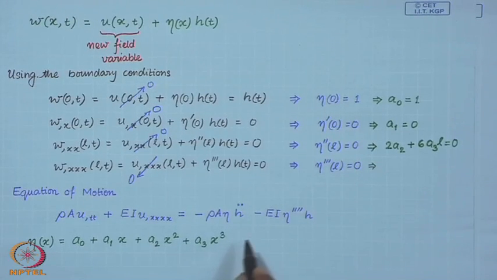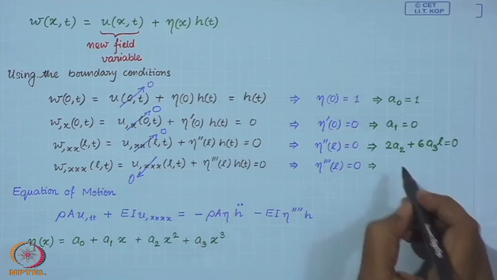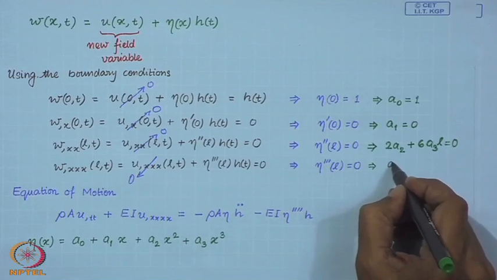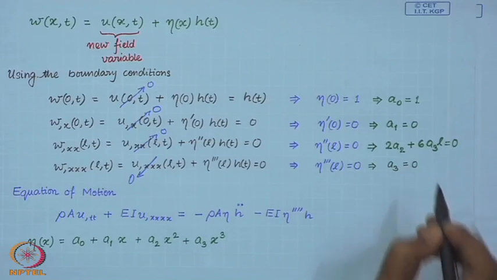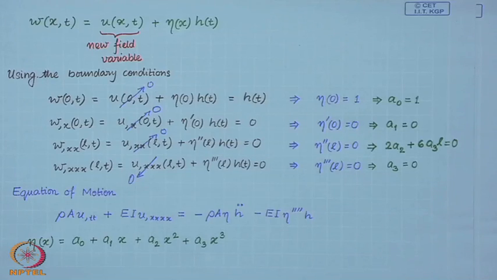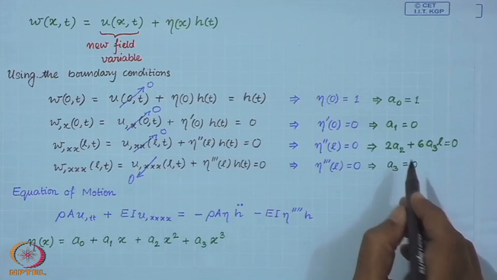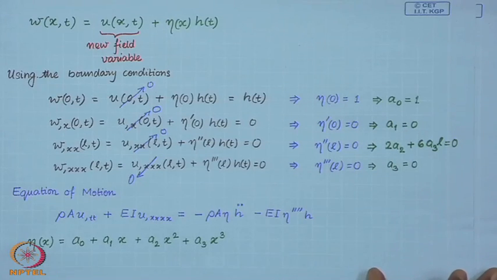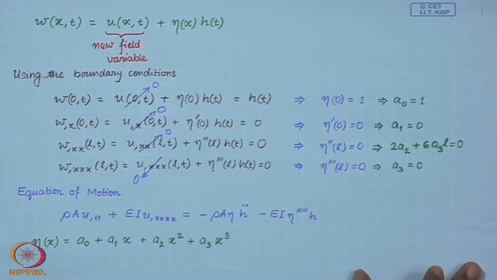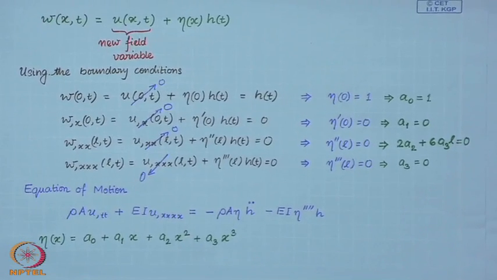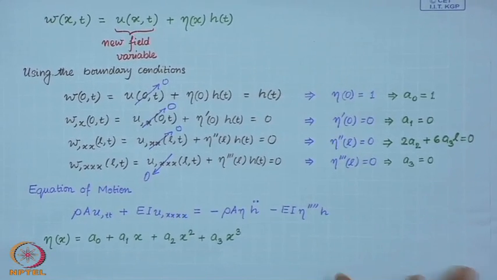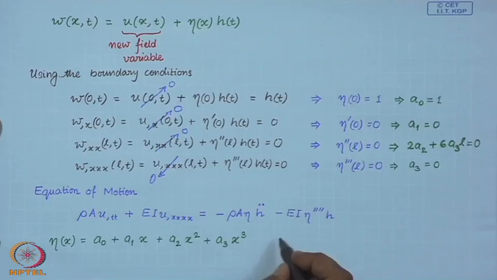And if the triple derivative of eta is to vanish, then a 3 must be 0. So, in that case a 2 is also 0. Therefore, eta is nothing but 1. So, this is a very simple example.